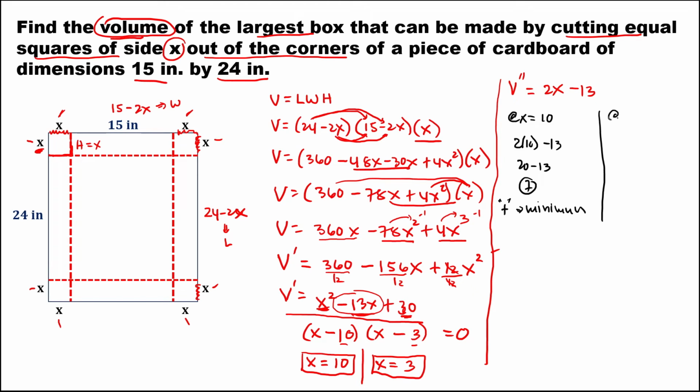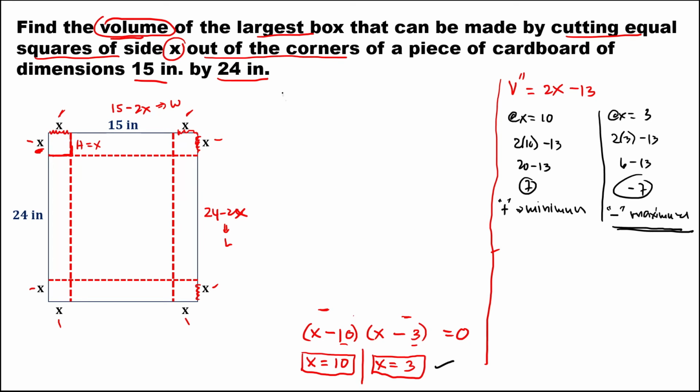Then at x equals positive 3, this becomes 2 times 3 minus 13, or 6 minus 13, which is negative 7. And if the answer is negative, this is the maximum. So since we're looking for the volume of the largest box, we're going to use the maximum, and that's x equals 3.